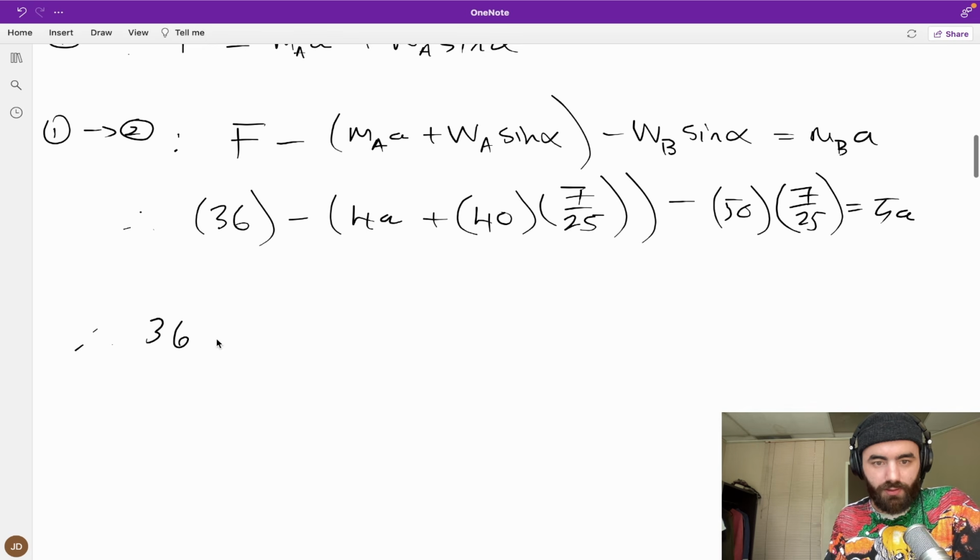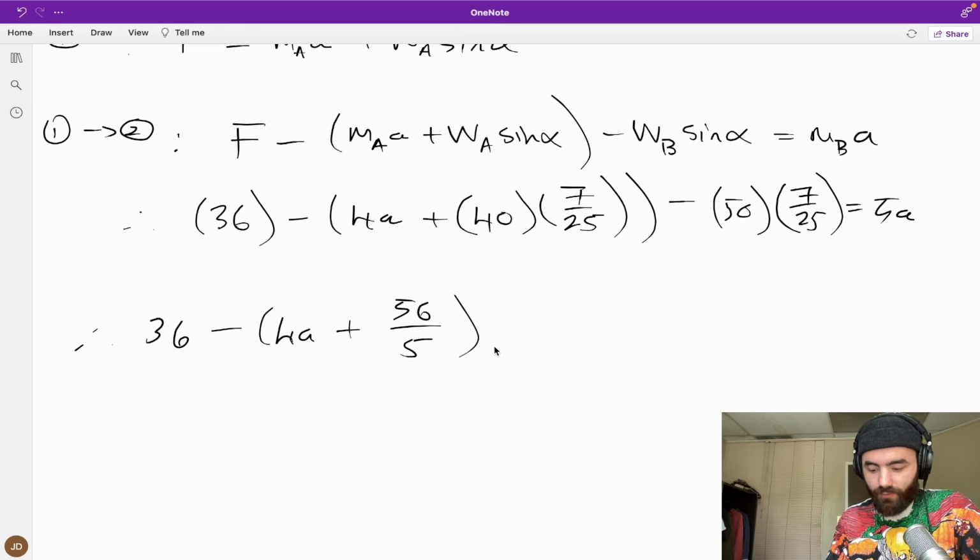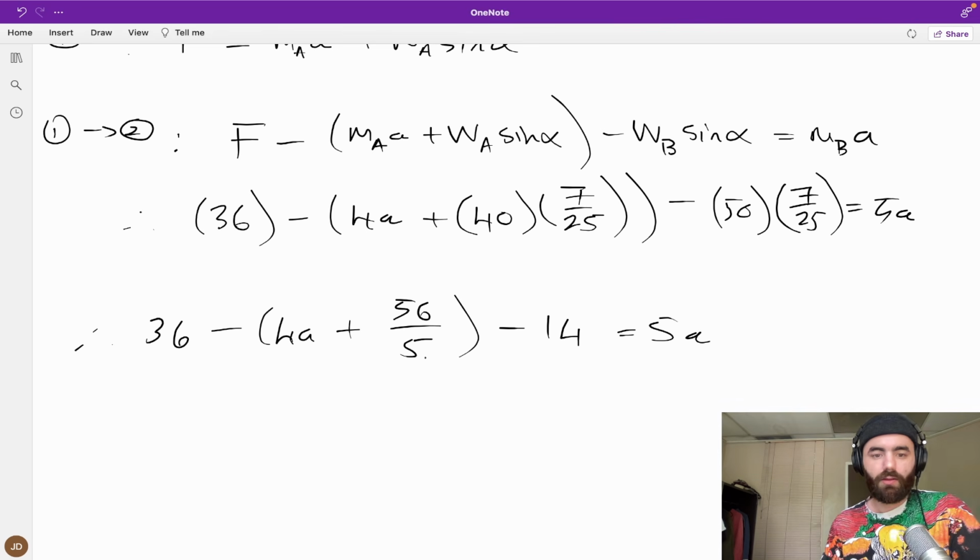So 36 minus 4a, plus 40 times 7 divided by 25, which is 56 over 5, minus 14, equals 5a.